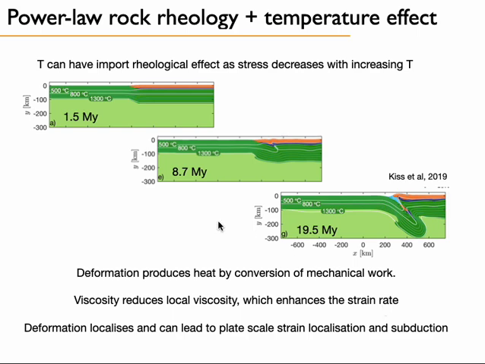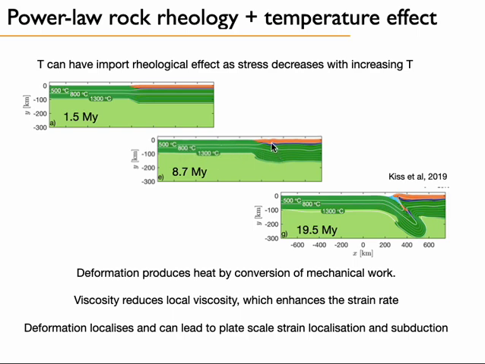So what you see on this diagram is a result of a 2D experiment. You have a continent on that side. This is a continental crust with the orange color, and you have an oceanic plate on that side. It's being deformed, so mechanical work is applied, it's compressed, and you see an evolution through time. And you see at 8.7 million years, the line here is the 800-degree isotherm.